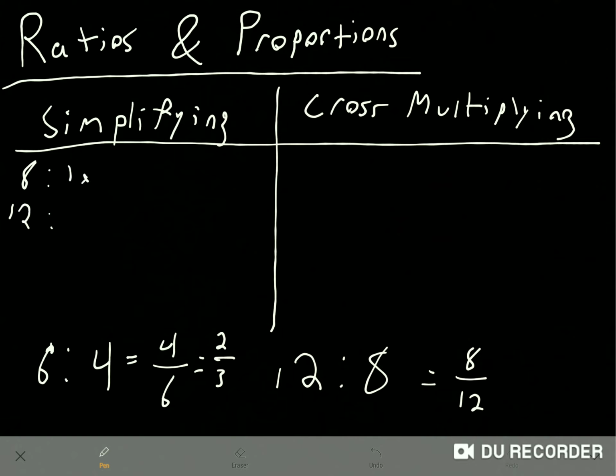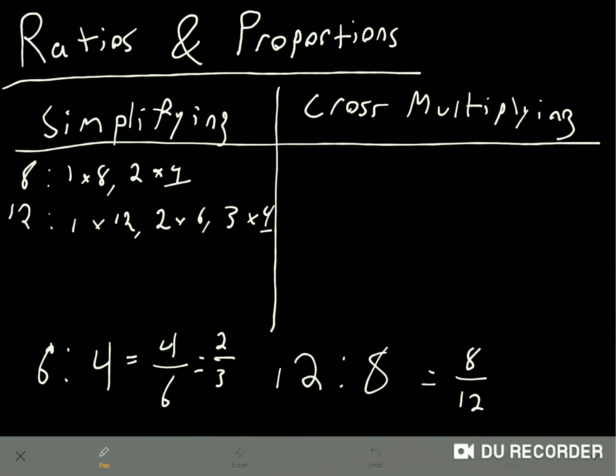So let's do 8 and 12. For 8, we have 1 times 8 and 2 times 4. For 12, there is 1 times 12, 2 times 6, and 3 times 4. Oof, that's really bad 3. That's better.